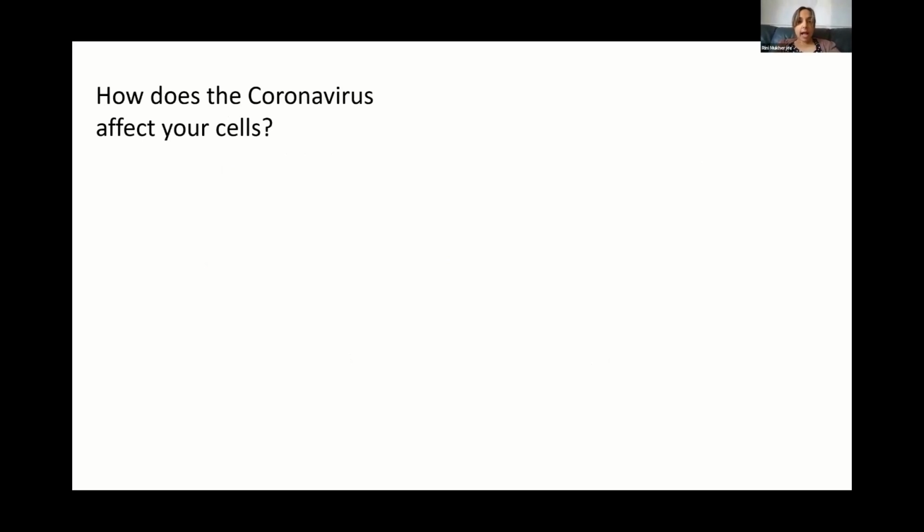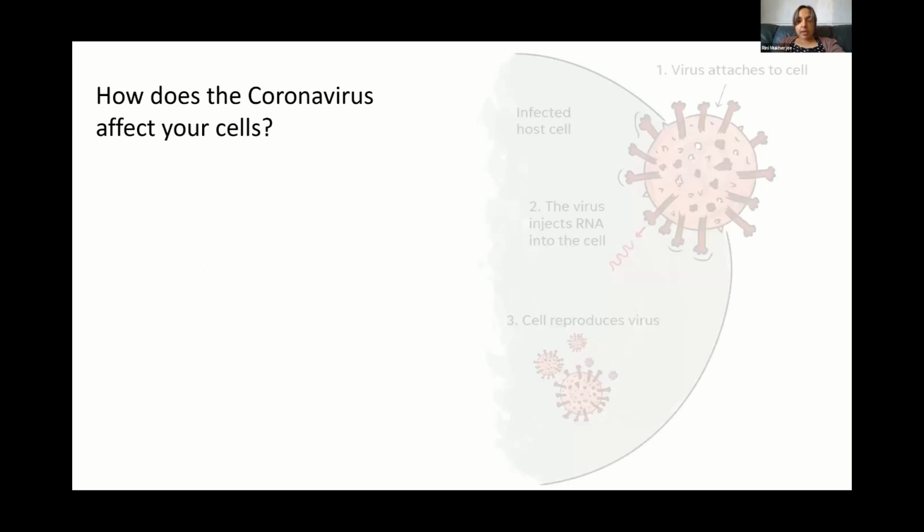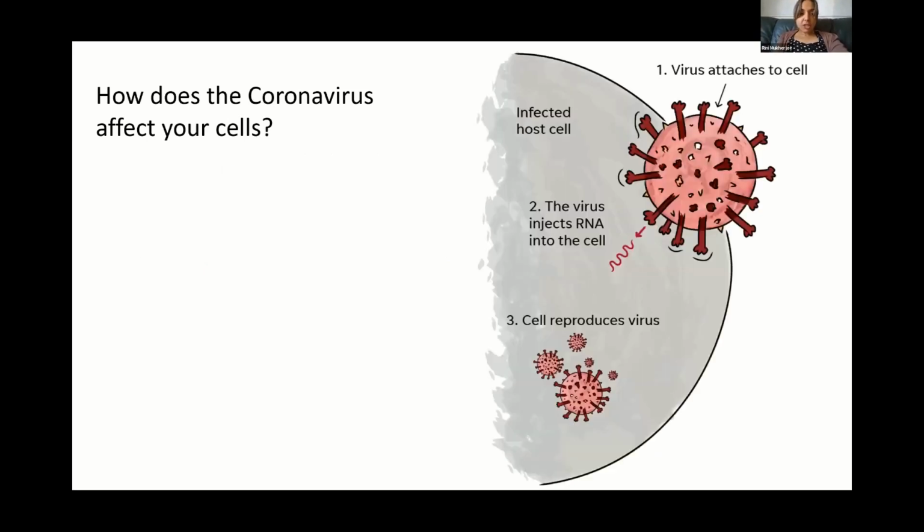Okay, so first of all, how does the coronavirus actually affect your cells? So what actually happens is that the virus attaches itself to a receptor on one of your body cells like this, okay? And what it does is it basically inserts a piece of its genetic material, RNA, and this piece of viral RNA will go and join your own genetic material.